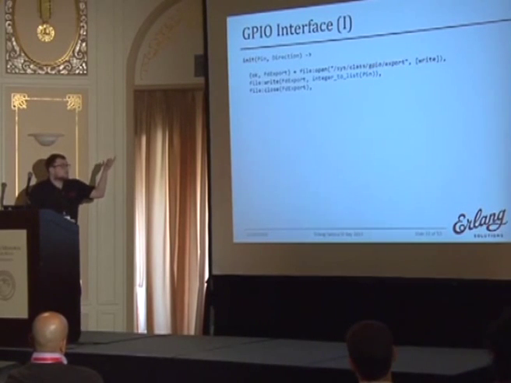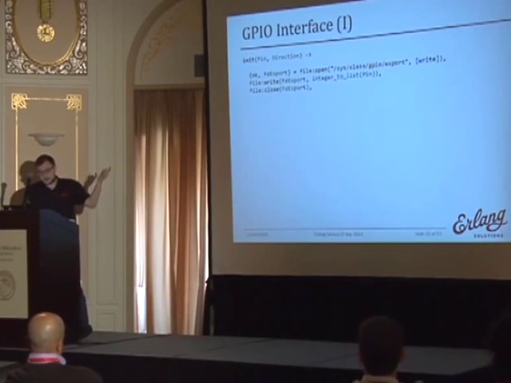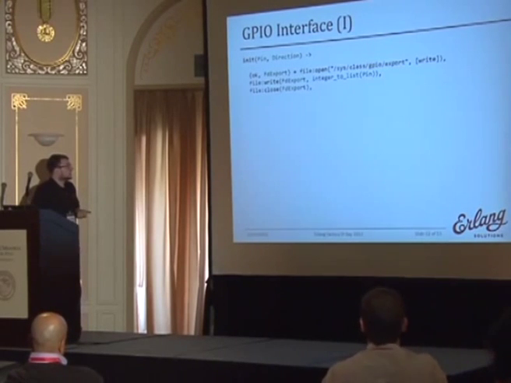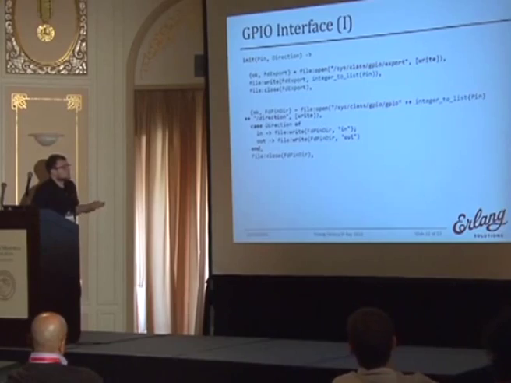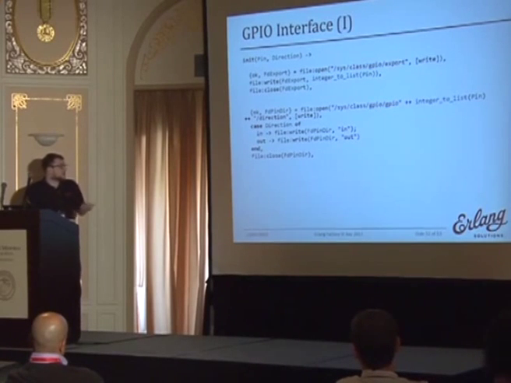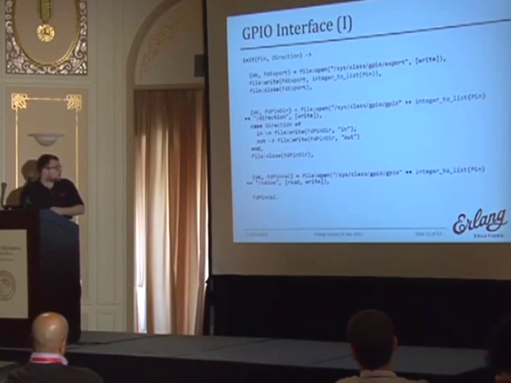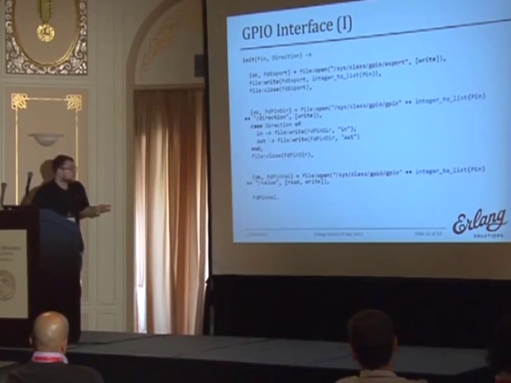We just open sys/class/gpio/export, make sure that all the entries are created. And then we just write the direction of the pin that we want to use it as. There are two options. It's either in or out. And then we have a file descriptor that we use to talk to the pin afterwards.